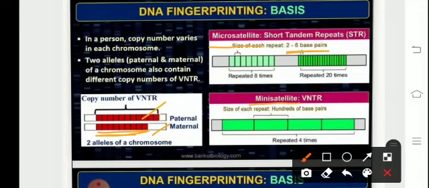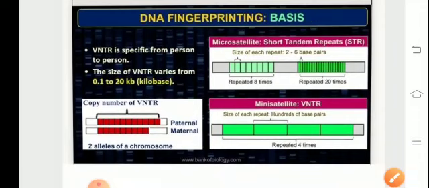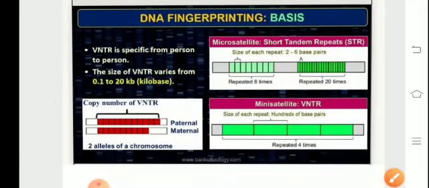In case of minisatellites, the base pair sequences range basically from 25 base pairs. Talking about VNTR, which is specific for a particular person, the size of VNTR may vary from 0.1 to 20 kilobase pairs.